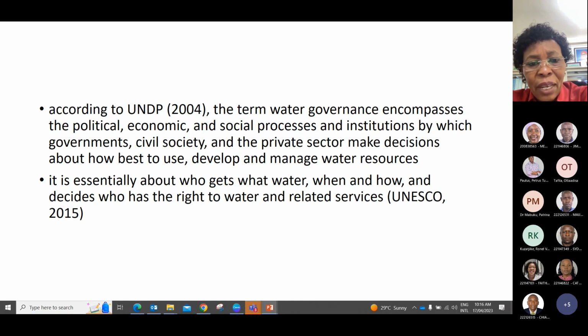And then for UNESCO, it talks about essentially who gets what water, when and how, and decides who has the right to water and related services. Now, when you look at the UNESCO one, you can definitely agree with me that there are actors involved, and the actors will be in different categories like the political, socio-economic, because who gets water, we're talking of the social issues here.